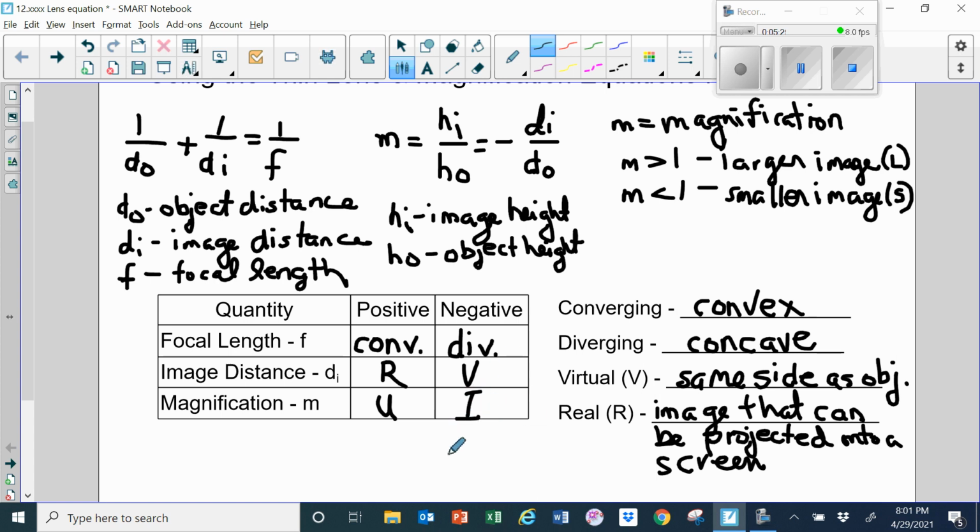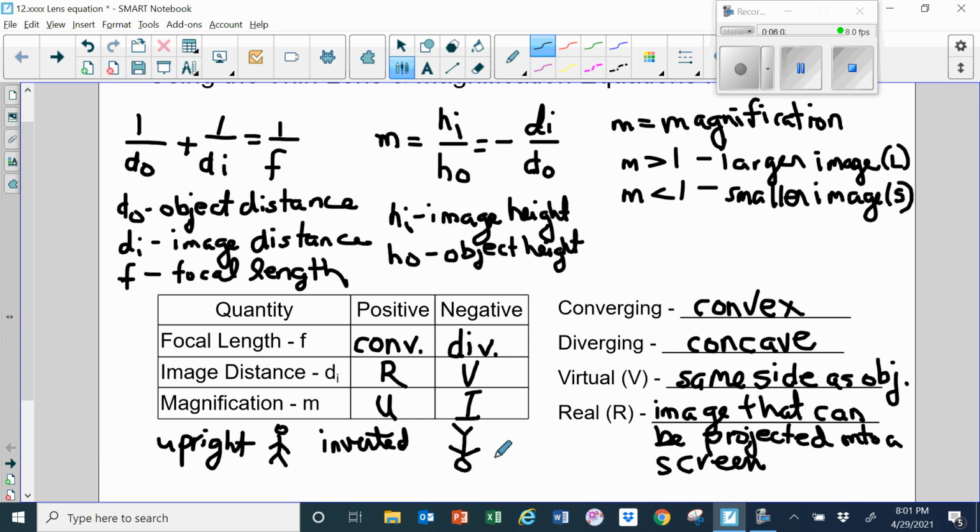Upright, of course, means just what it says: the image is upright. And if it's inverted, the image appears upside down, like that. Okay, there you go.